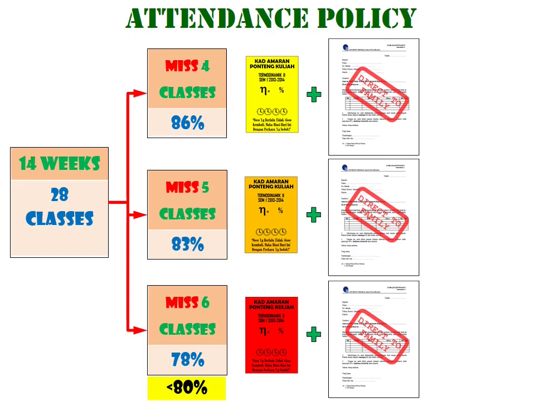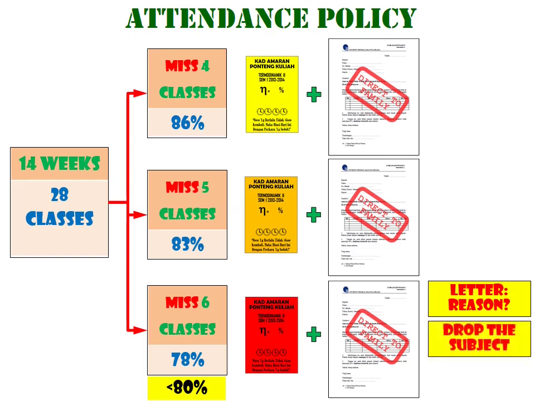When you obtain the digital red card, you need to send me a letter to show why you didn't attend my class, or you can drop the subject, or I can bar you from the final examination. So you can choose one.